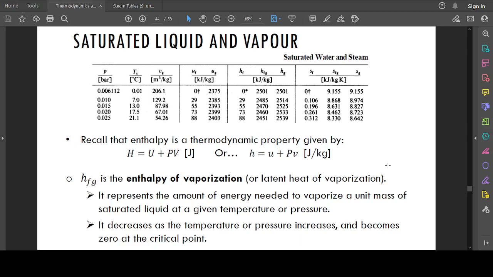So when we want to melt a solid or vaporize a liquid to gas, we will need to add heat, and the point where these phase changes happen, we refer to that as the latent heat. So for the latent heat of vaporization, this is presented as hfg.